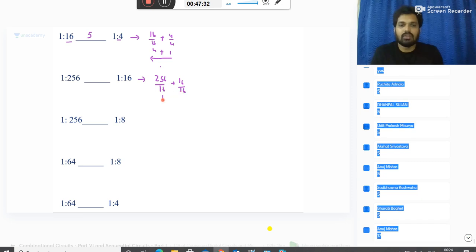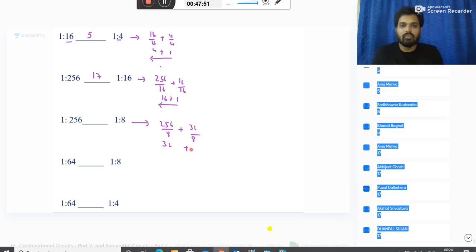Divide with 16, plus 1. Here also the order is reverse, 17. Similarly here, 256 you divide with 8, 32 will come. Same story. 32 you divide with 8, you will get 4. 4 you divide with 8, 1 will come. 36 plus 1, 37 is the answer.